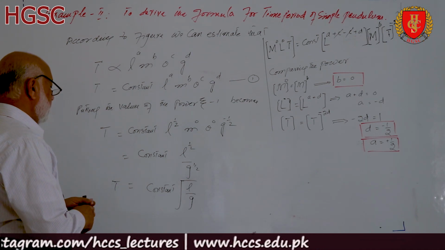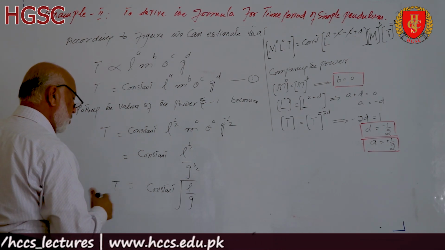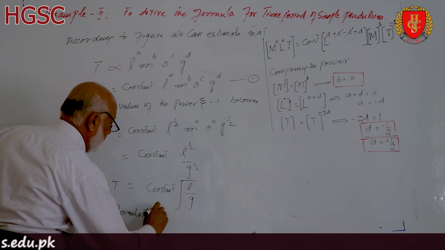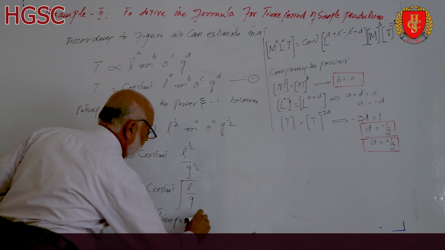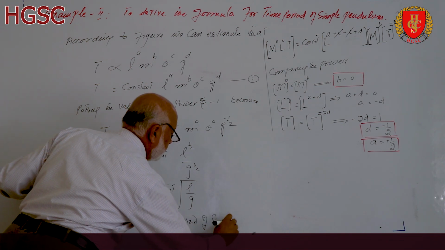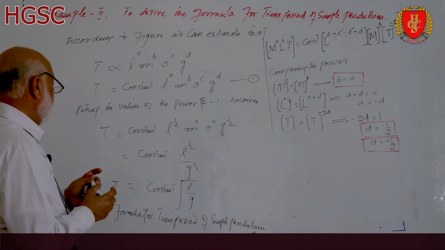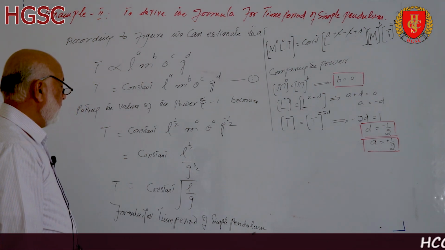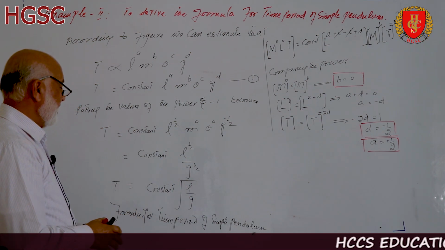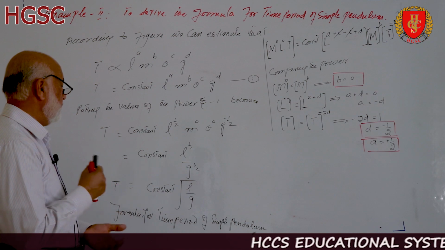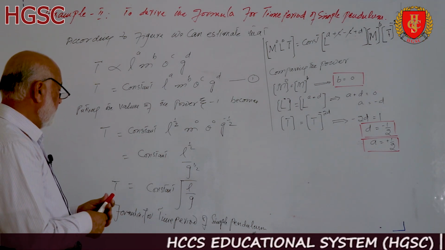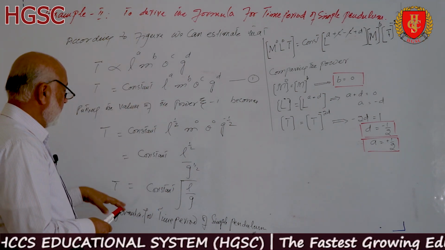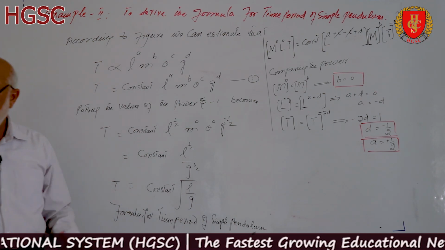Actually here it is 2 pi, but we can't write it; this is the final formula for time period of simple pendulum, which explains that time period of simple pendulum is directly proportional to the square root of the length and inversely proportional to the square root of the acceleration due to gravity. And this constant is 2 pi. Physically I know that this constant is 2 pi, but dimension analysis cannot derive the value, that's why we write it as it is.